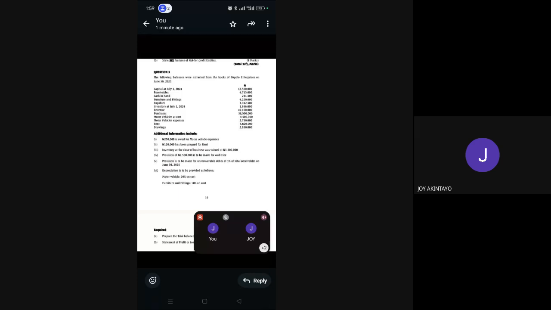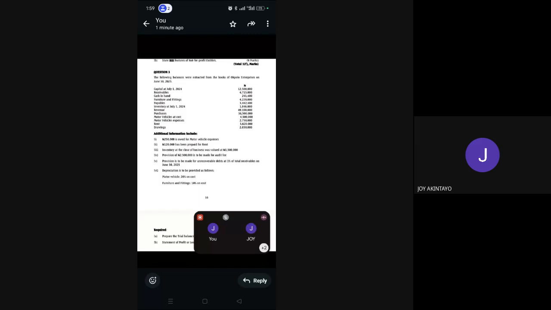Debit or credit? And why are we putting it there? It will be on the credit side.